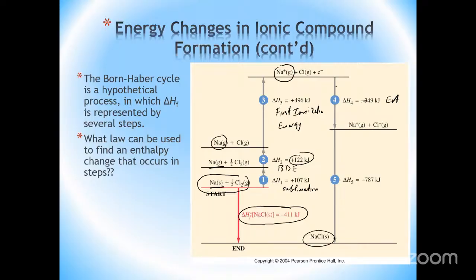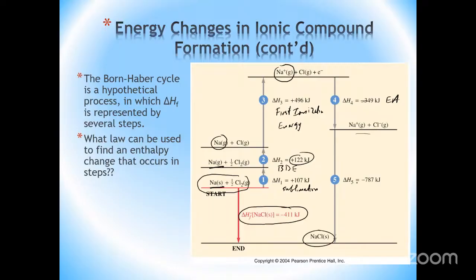So that's what happens as you go from Cl to Cl minus. Now the next step is where these two combine to form the sodium chloride. And it turns out that's another exothermic process. And in this case, the enthalpy change involved would be equal to minus 787 kilojoules, all right?